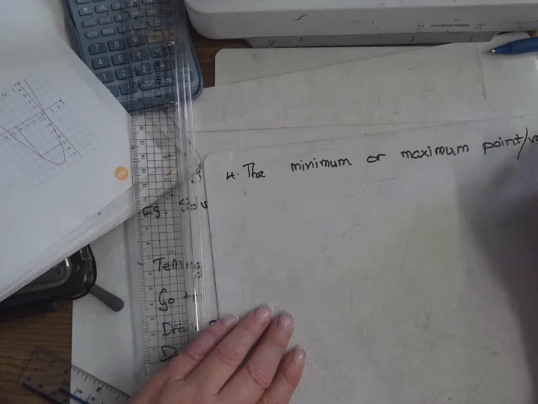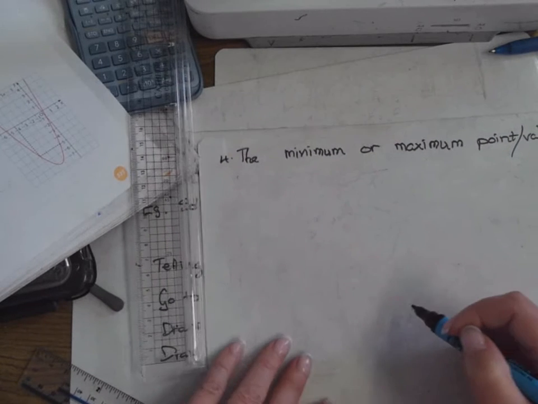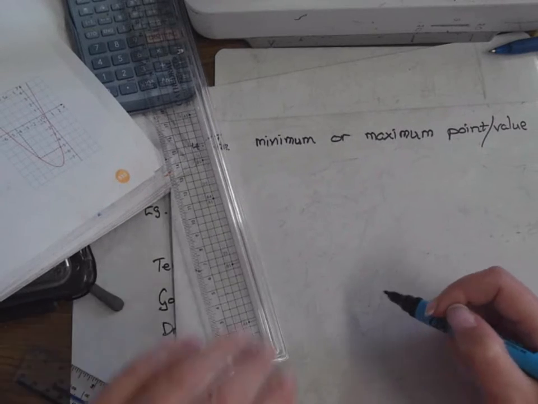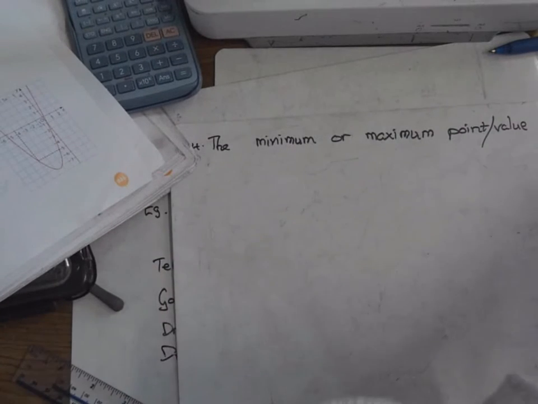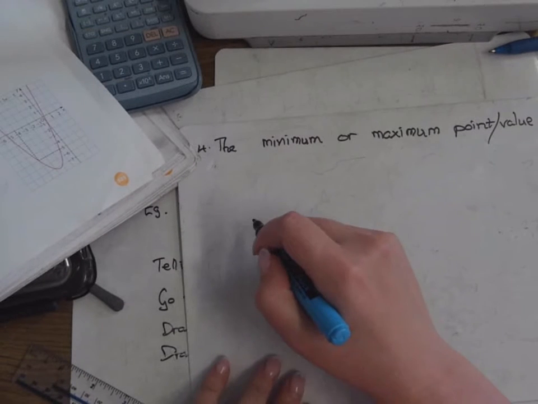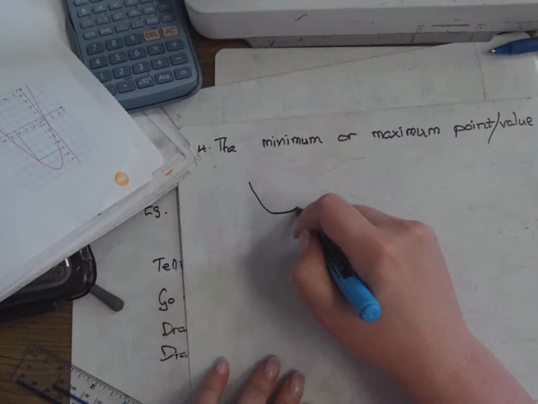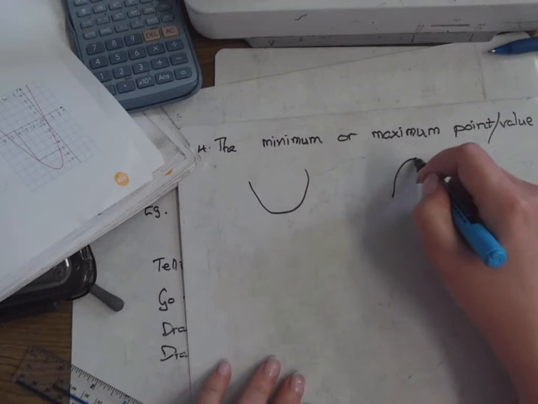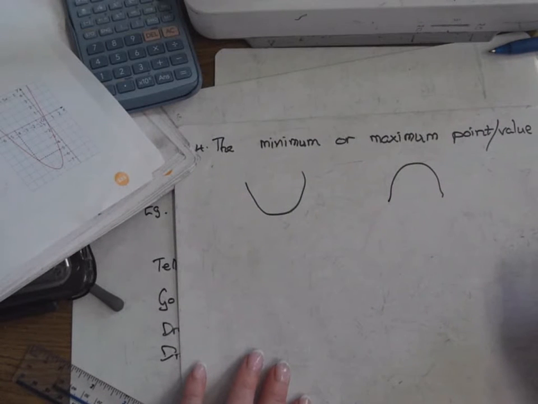So they might ask you for the point or the value. Right, okay. So remember, you'll only be asked this on a curve. You won't be asked this for a line, because a line doesn't have a minimum point or a maximum point. Remember our curves, we're either going to have a smiley face or we're going to have a sad face. Isn't that right, when we draw them?